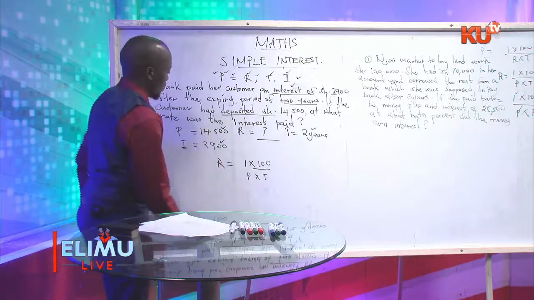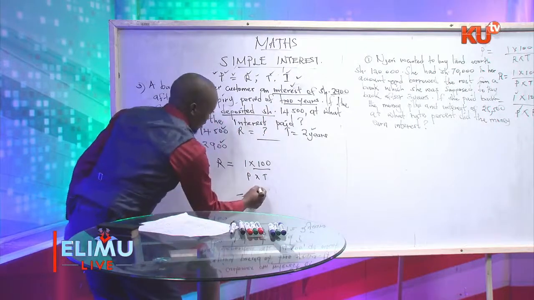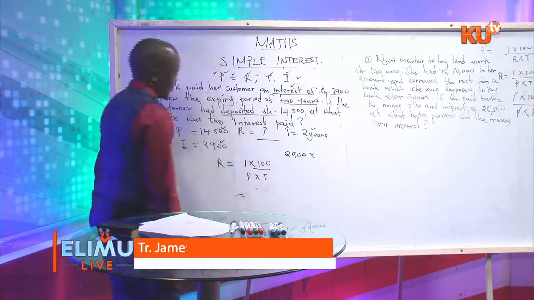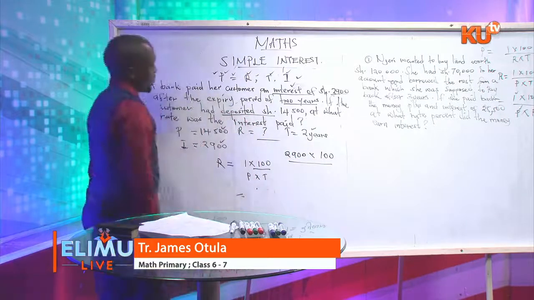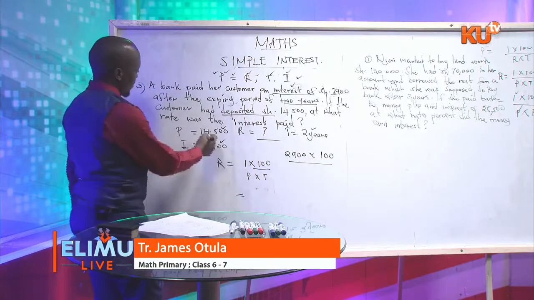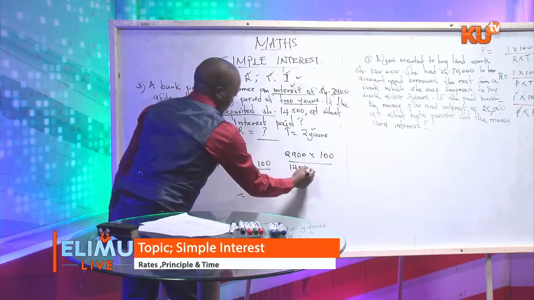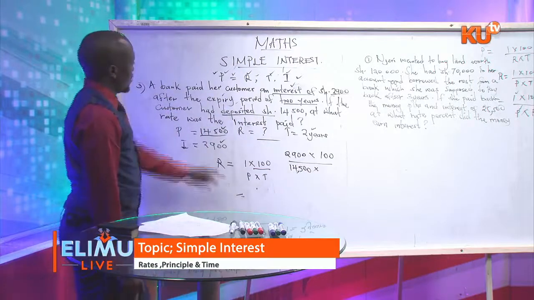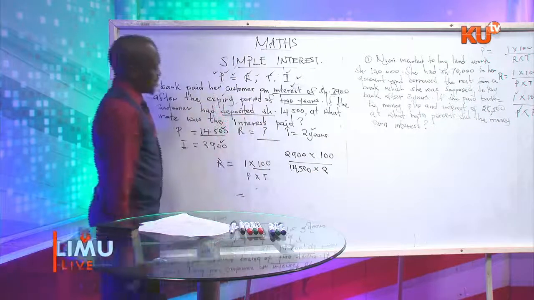So we shall put the interest, that is 2,900. Let me write it here, 2,900 times 100 over principal. And the principal we've identified here is 14,500 times time. The time given here is 2 years.